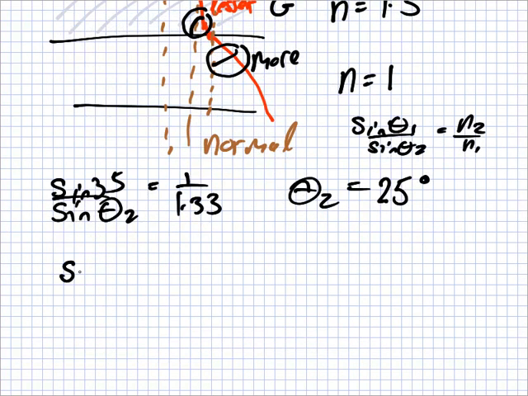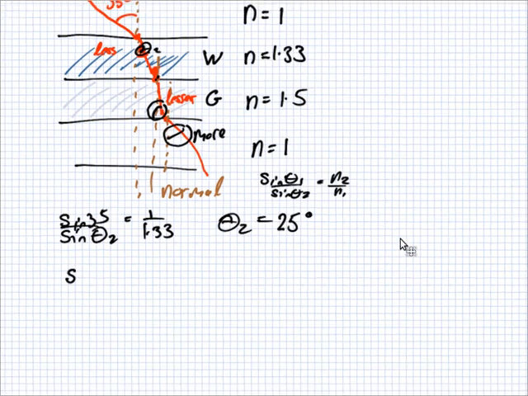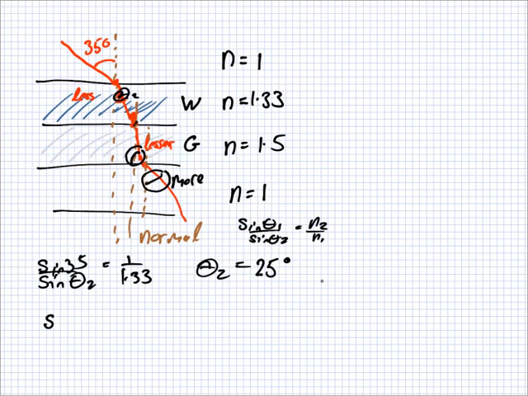Now, it's n2 over n1. It's 1 over 1. Okay, fine. Now I've lost what I was thinking about. Which angle did I want? This one. From here to here.